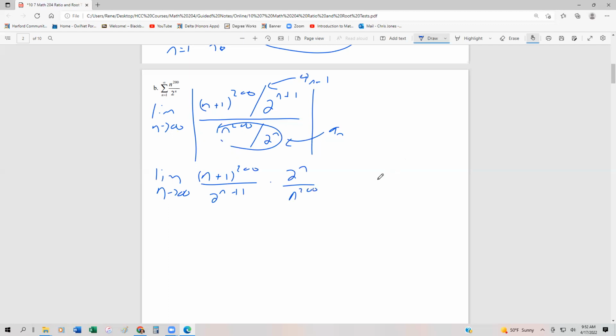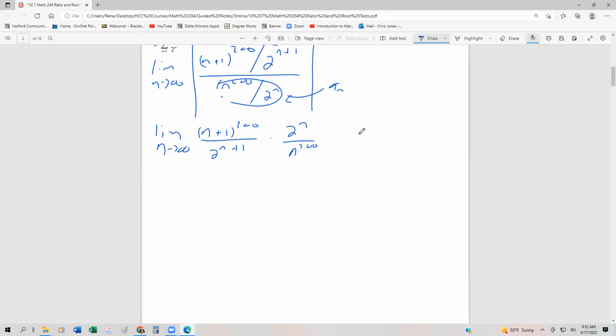Now, what I like to do is group like-looking factors. And so I'm going to rewrite this as the limit as n approaches infinity of 2 to the n over 2 to the n plus 1, and then I'm going to multiply that by n plus 1 to the 200th divided by n to the 200th power.